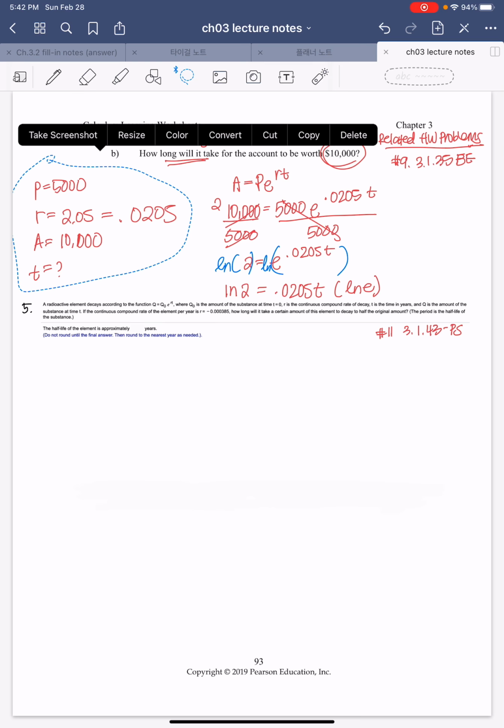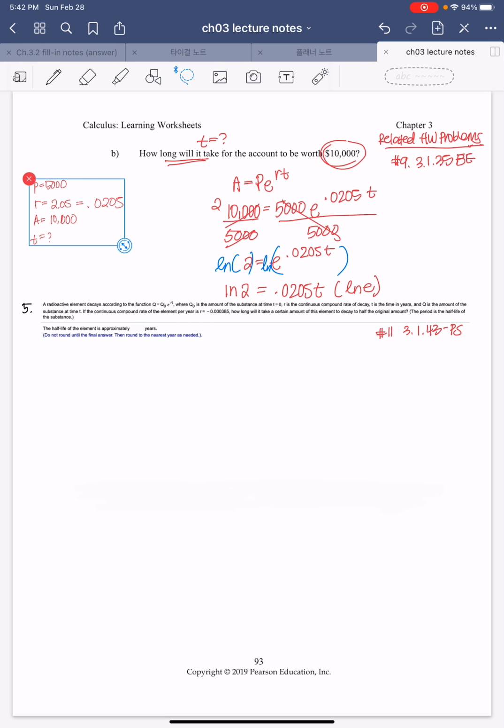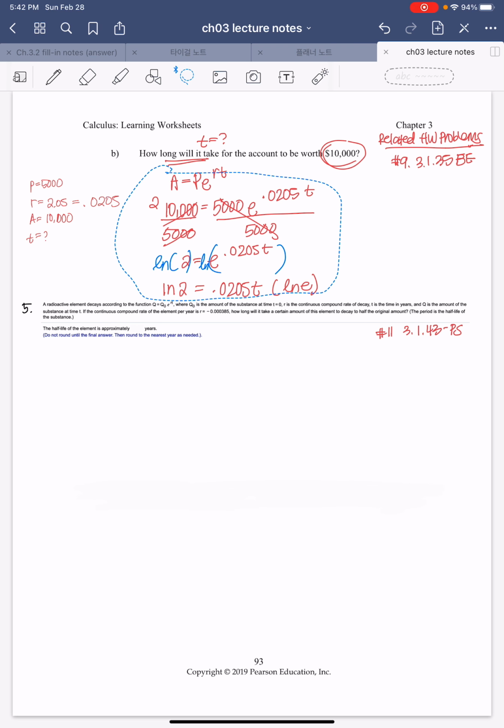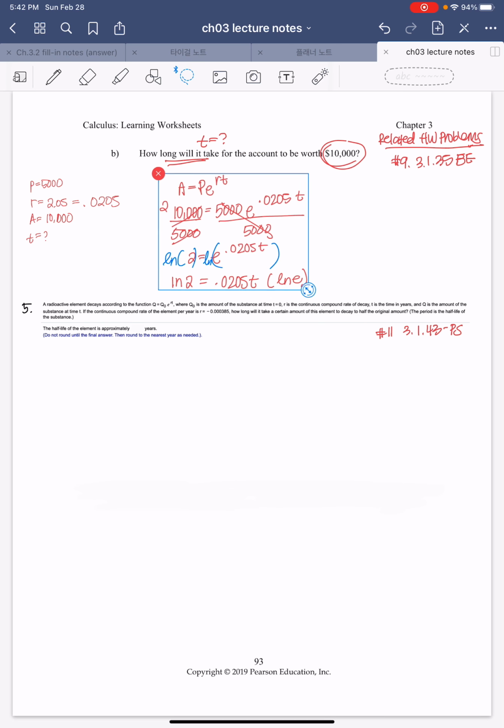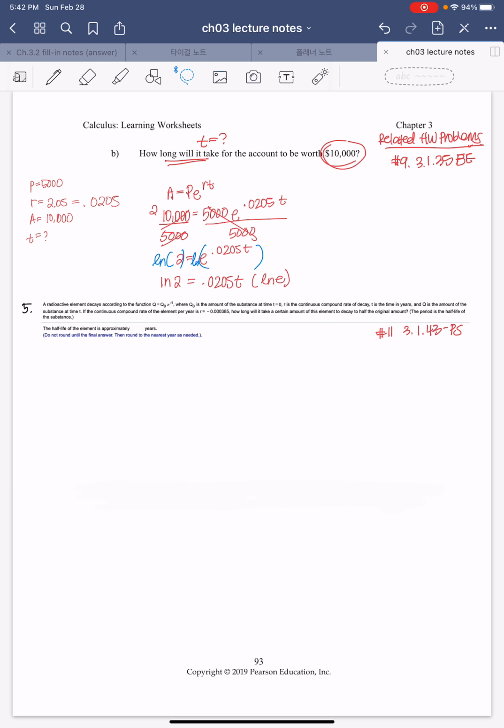So far so good. I did a very similar approach as I did on number 3. I applied the ln. So we can bring down the exponent into a product. Now at this point, ln e is just 1. To have t by itself, I'm going to divide by 0.0205.